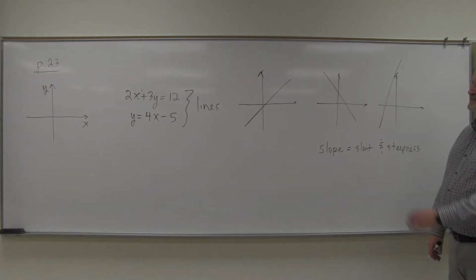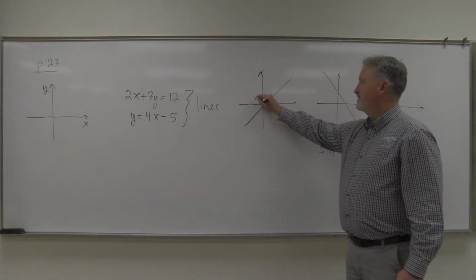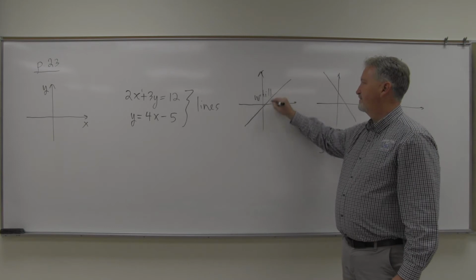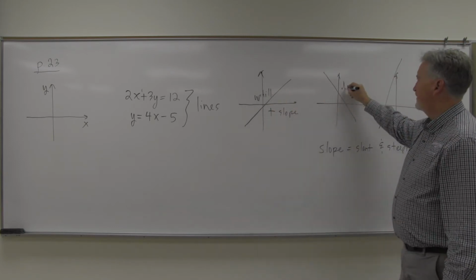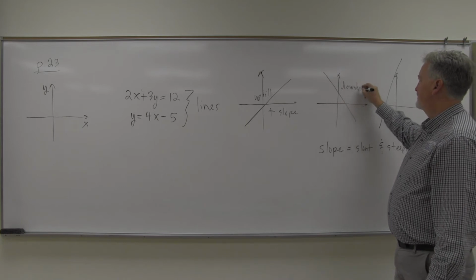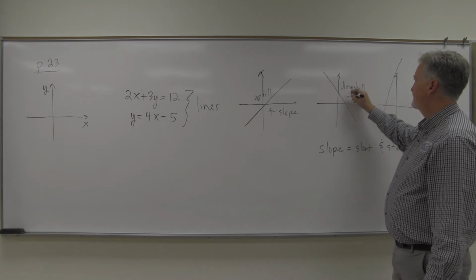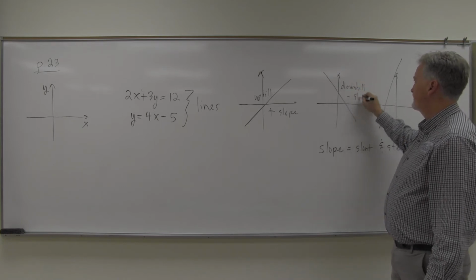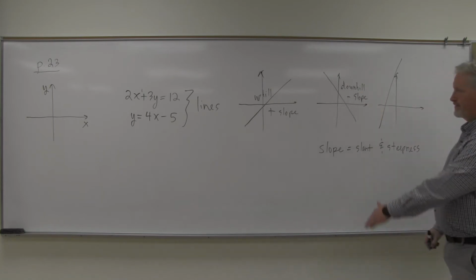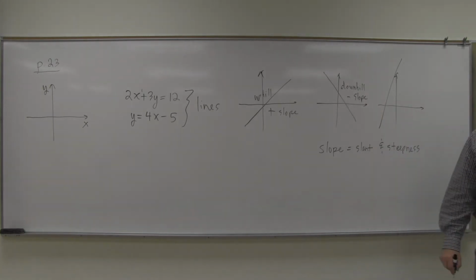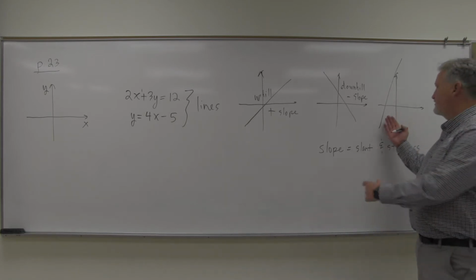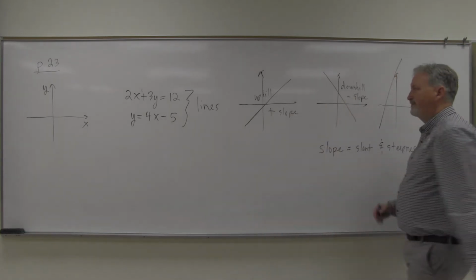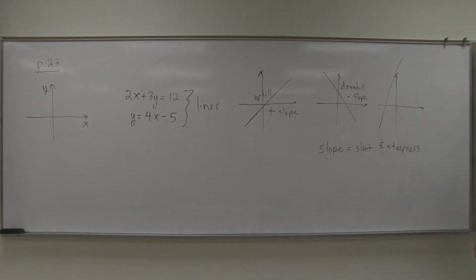And the way it works is, of course, uphill is positive slope, and downhill is negative slope, and we'll talk about that in just a minute. And then, of course, this one's steeper, so the slope is larger, so that would have a larger slope than these other two, relatively speaking.